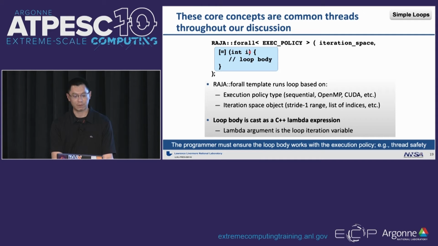If you pass in a CUDA policy to the forall, it will try to run on the GPU, but it will run iteration-space-number of threads at the same time. On the CPU, that doesn't hurt you too much, but on the GPU, you have to be careful about synchronization.